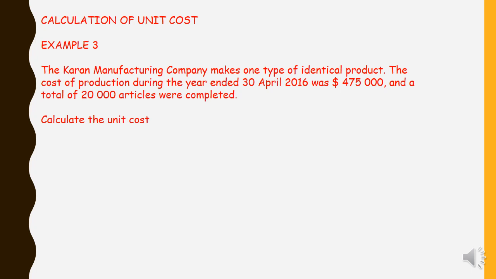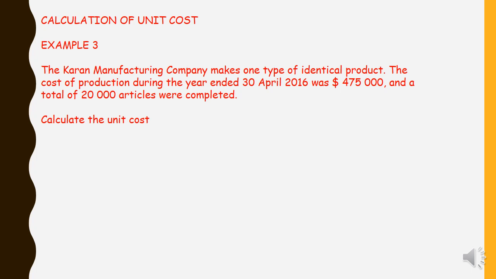Now we see example 3. Example 3 is all about calculation of the unit cost, per unit, how much one unit is. The current manufacturing company makes one type of identical product. The cost of production during the year ended 30th April 2016 was 475,000, and a total of 20,000 articles were completed. The question asks us to calculate the unit cost.